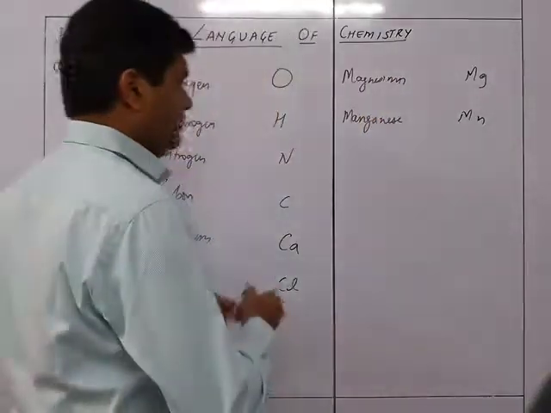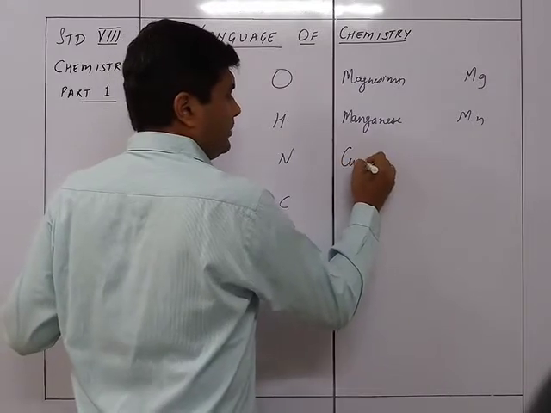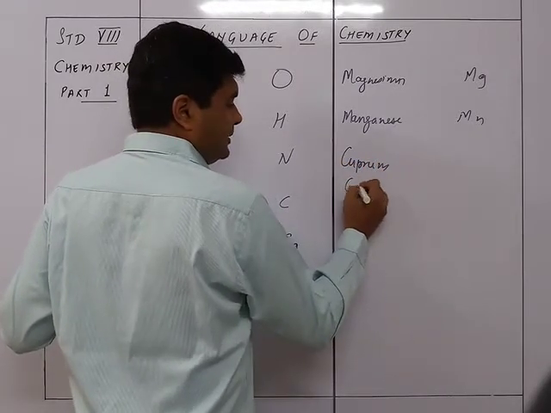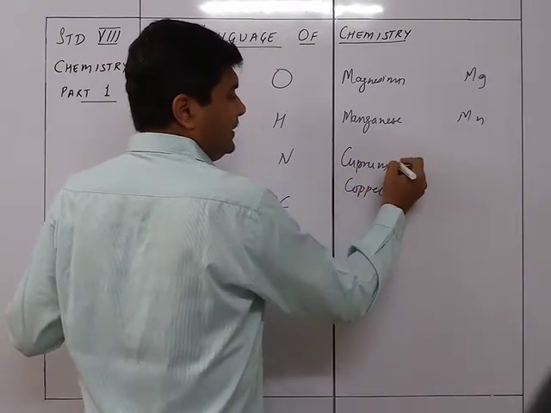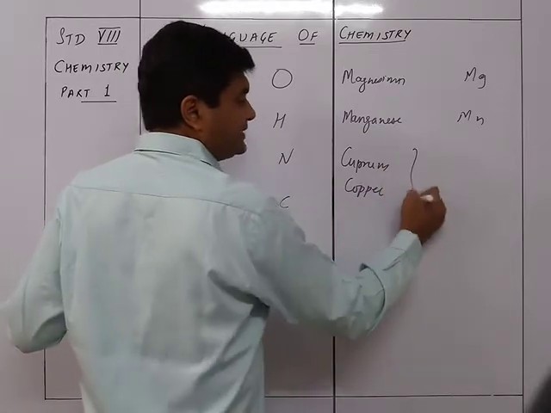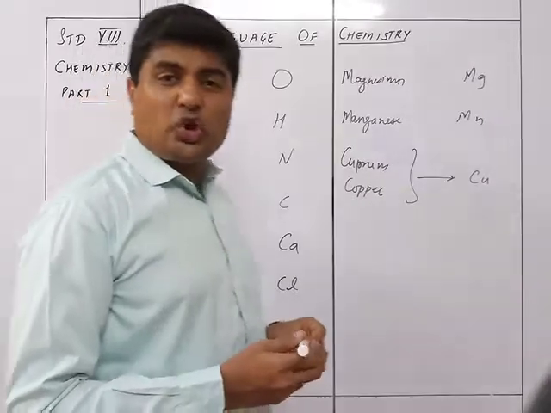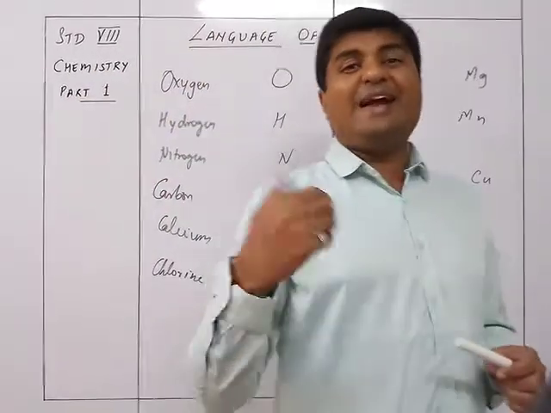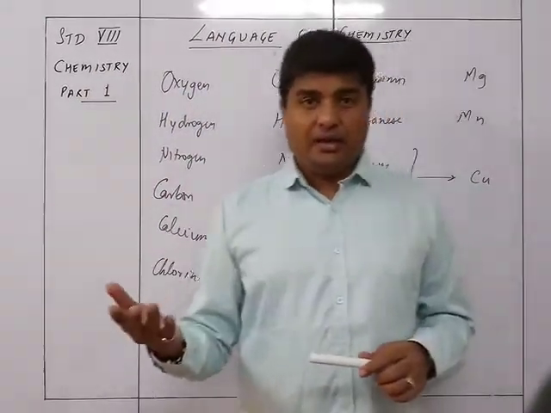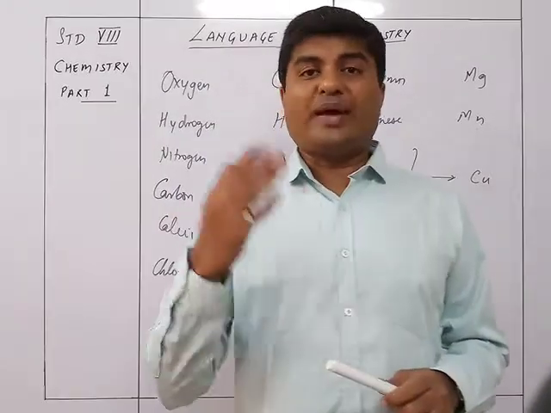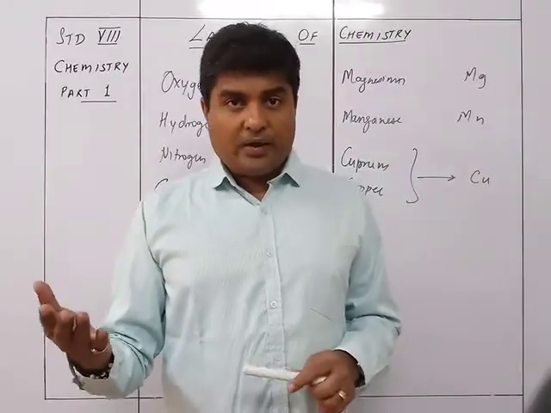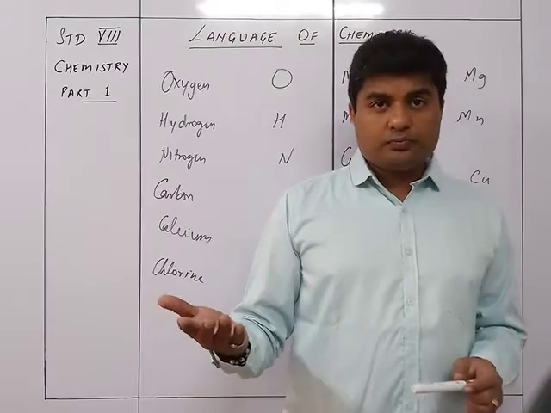So cuprum is more famous than copper, and that is why instead of Co it is given as Cu, for cuprum. Same thing is for sodium. More than sodium, natrium is more famous, so it is Na. Potassium is kalium, that's why K. Gold is aurum, that is Au.